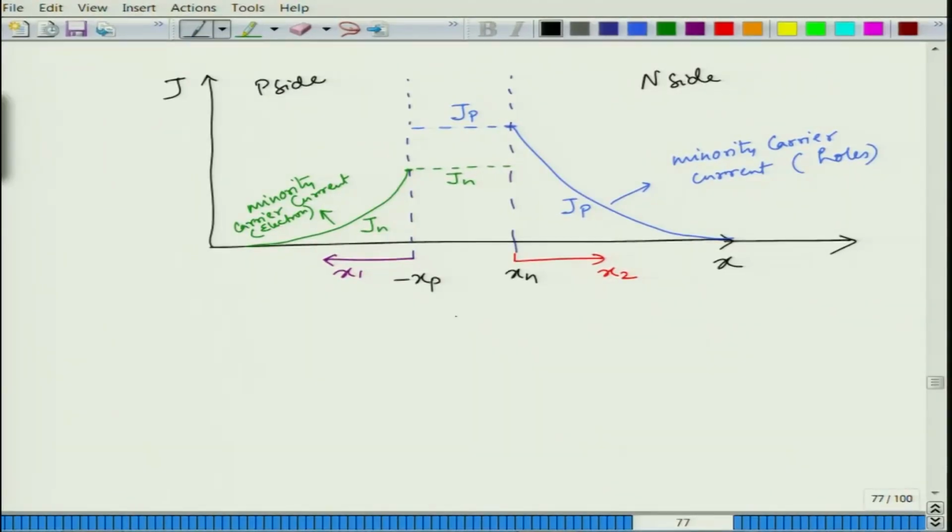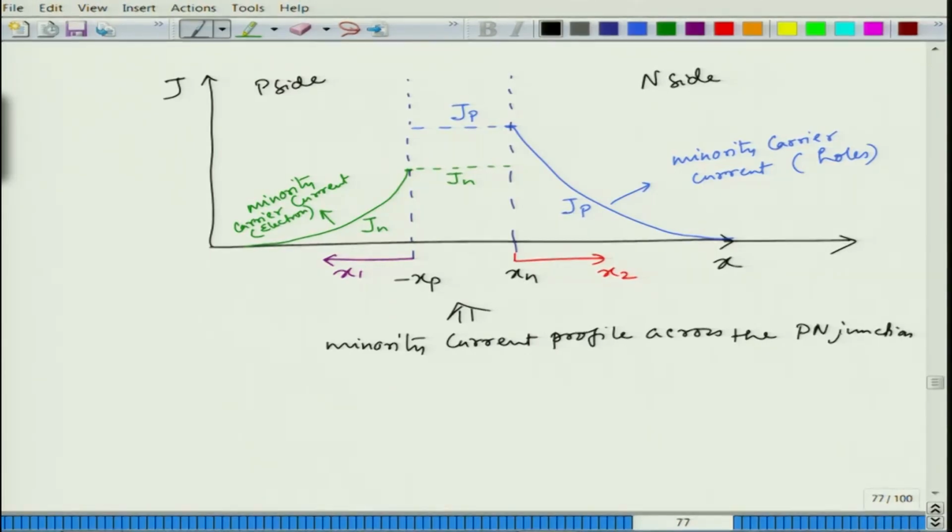So, the above picture is the minority current profile across the p-n junction diode, right. You agree to this?